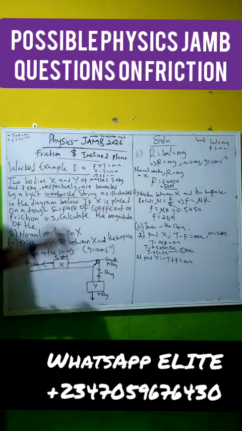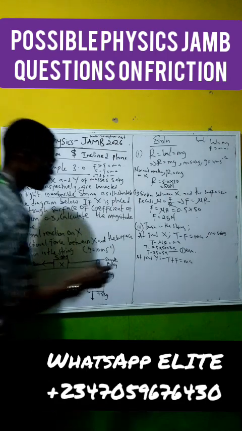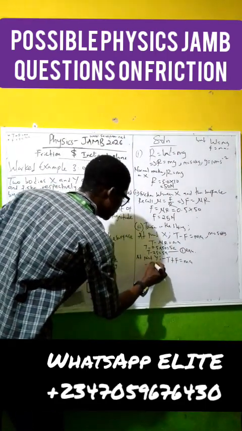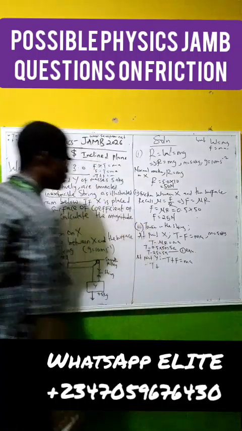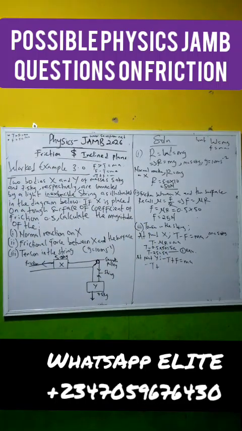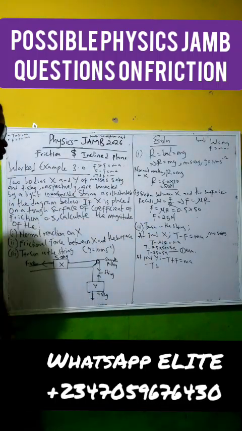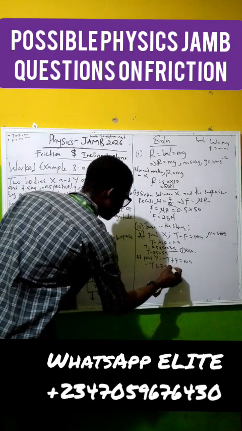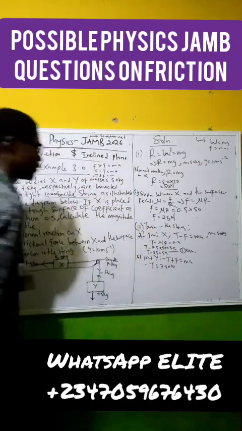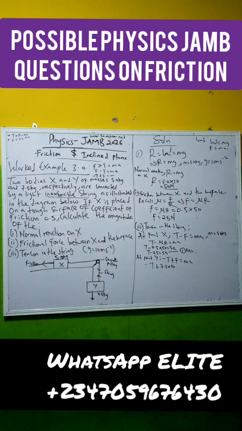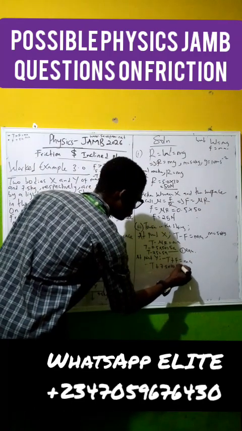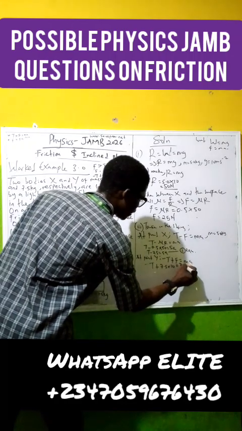So in the sense that at this junction we are going to be having minus T plus, this is going to be 7.5 multiplied by 10. Alright, 7.5 multiplied by 10. So that will equal 7.5A.